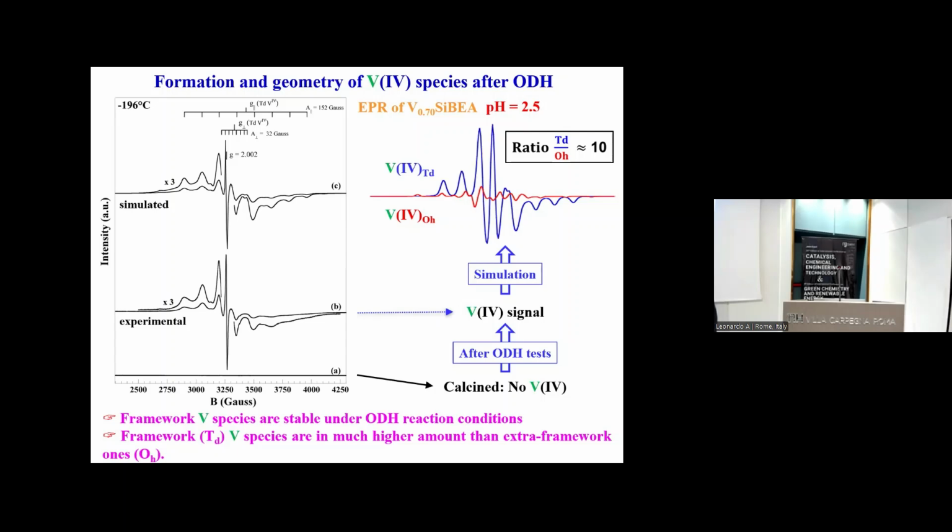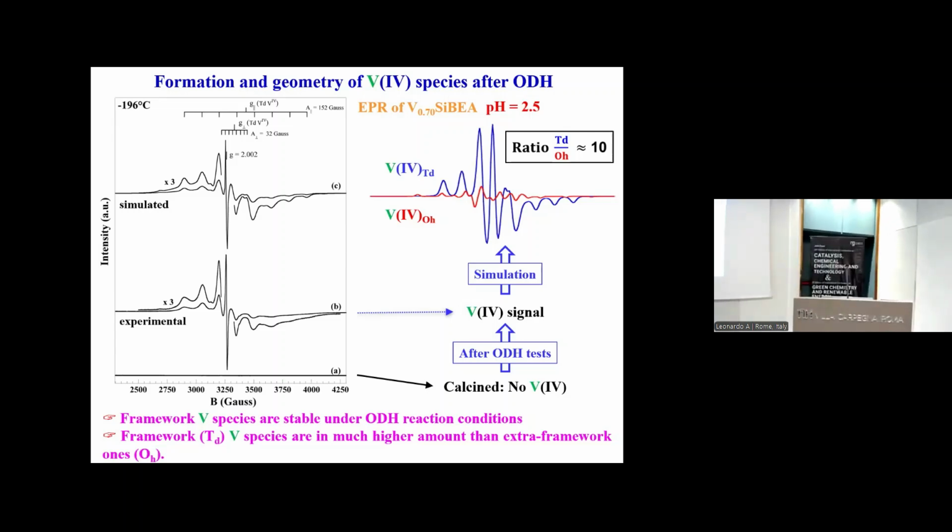In this condition, there's a reduction of vanadium 5 to vanadium 4, and we observe the EPR signal. By simulation, we can distinguish that in this condition we have a ratio of tetrahedral to octahedral species of 10. So this means that it's practically only tetrahedral vanadium species present in the zeolite.